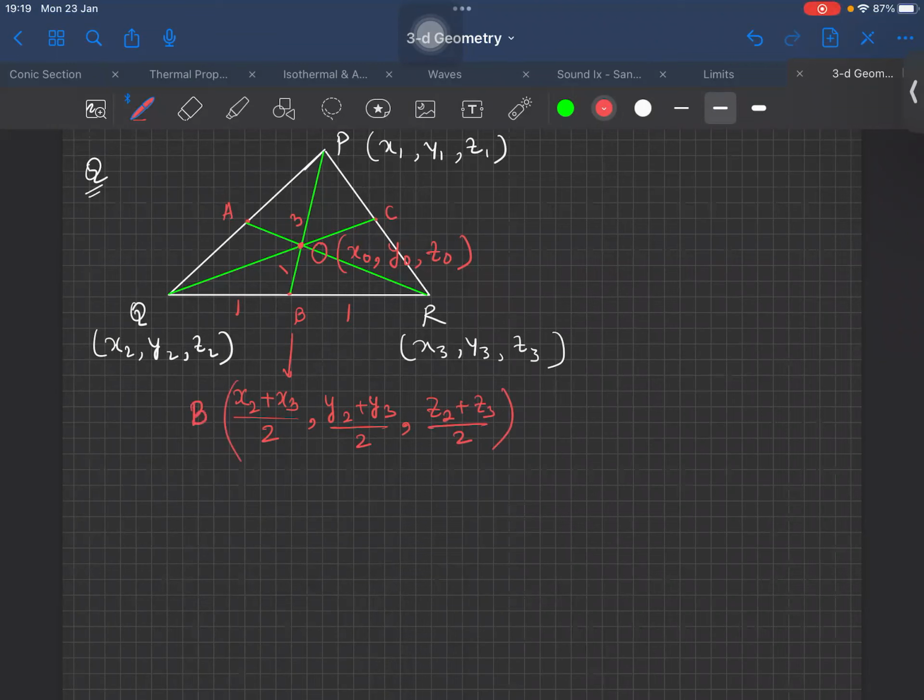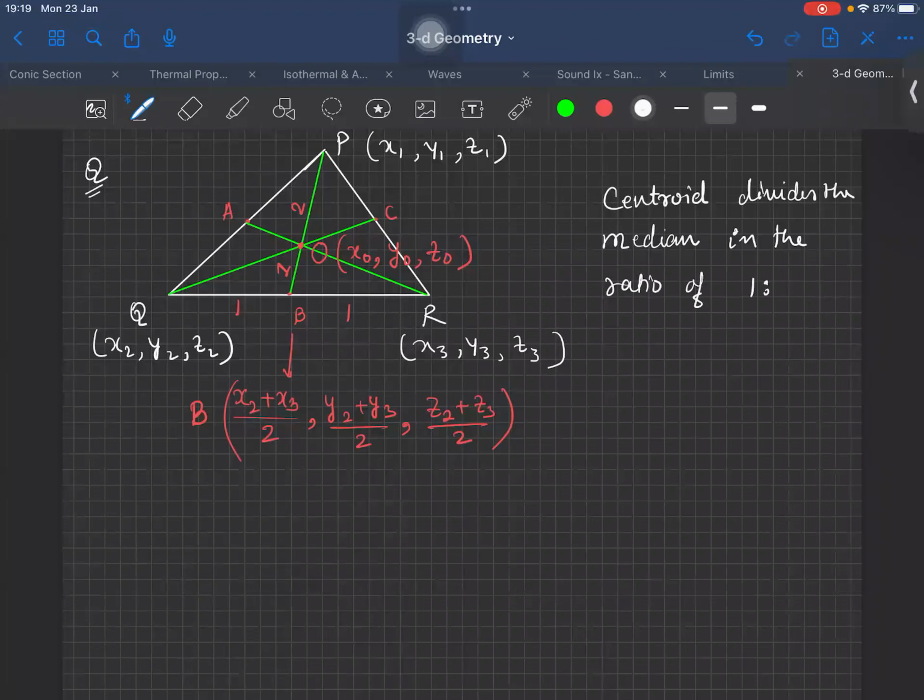Now we know BP is, sorry, not 1:3, I'm really sorry, it is 1:2, because the centroid divides the median in the ratio of 1:2.